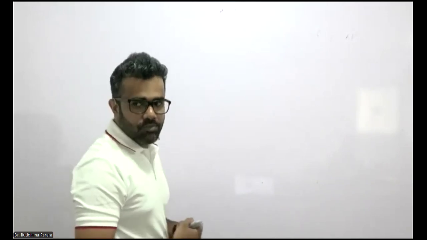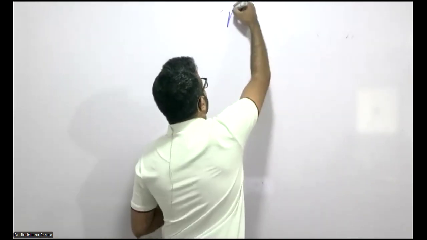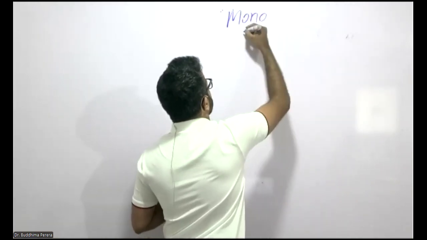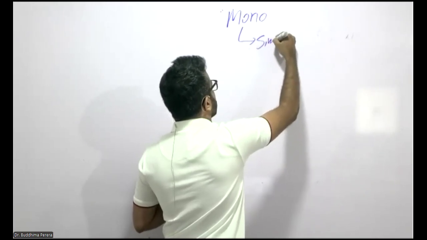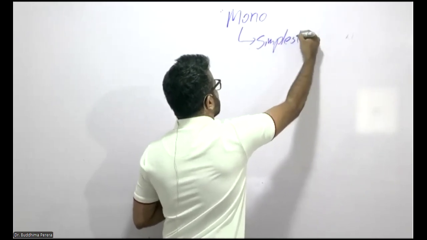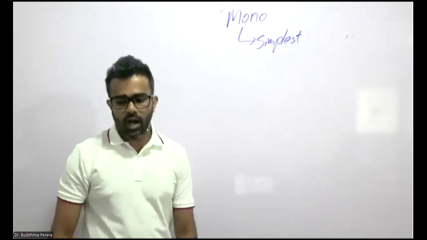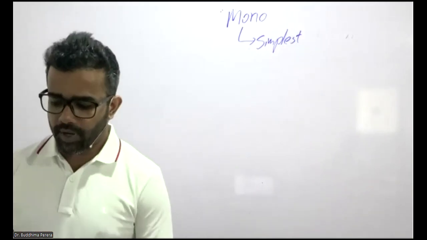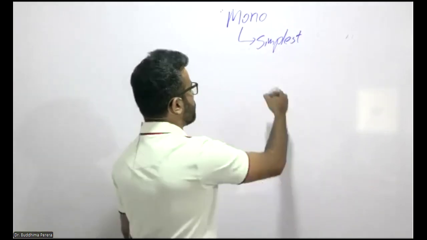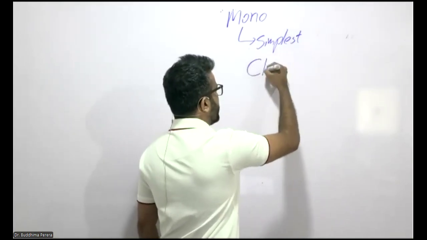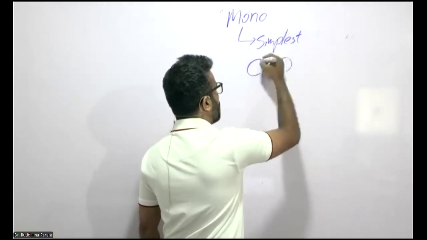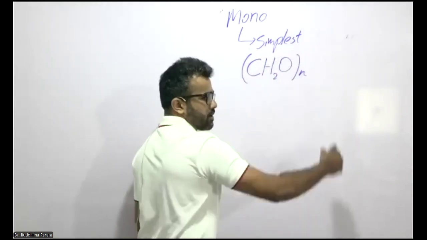Right? Then monosaccharide is the simplest form of carbohydrate. Monosaccharides are the simplest form of carbohydrates, right? General formula of monosaccharide is CH2O, right?